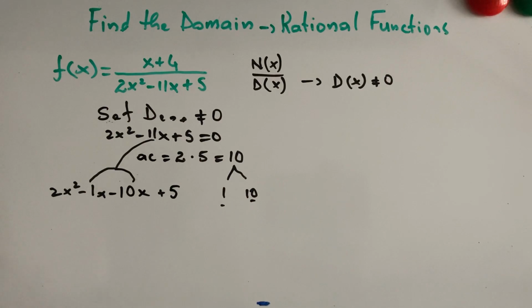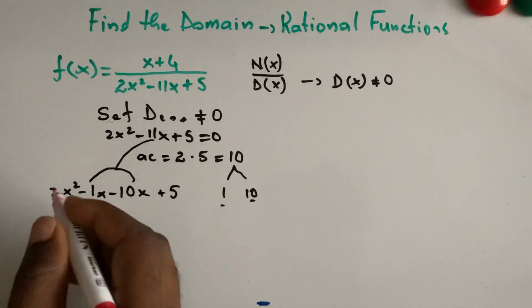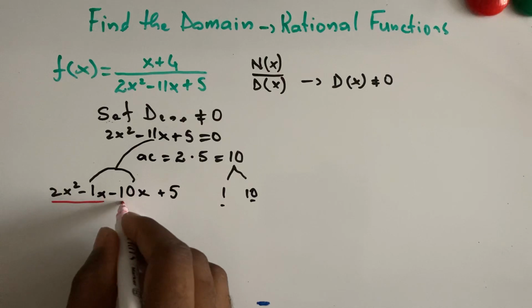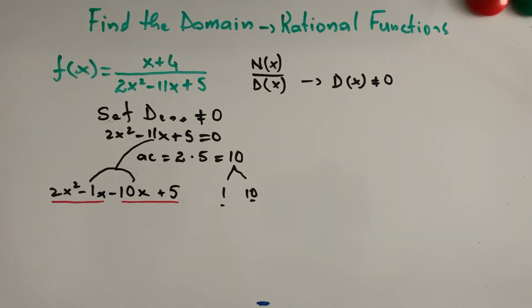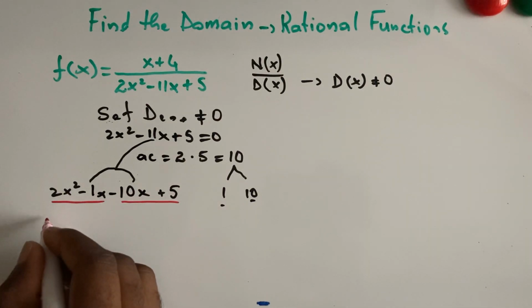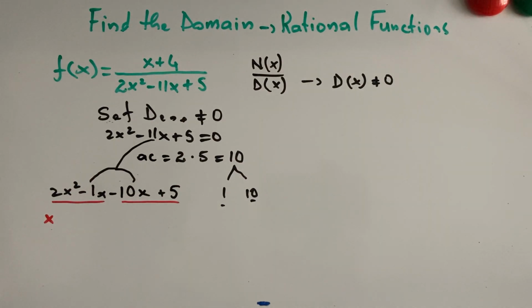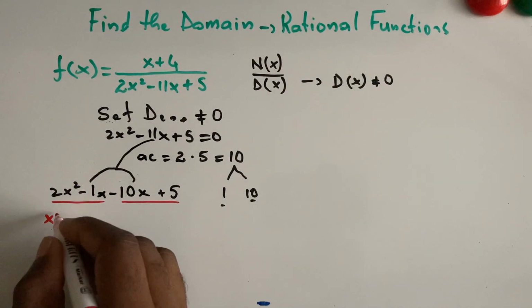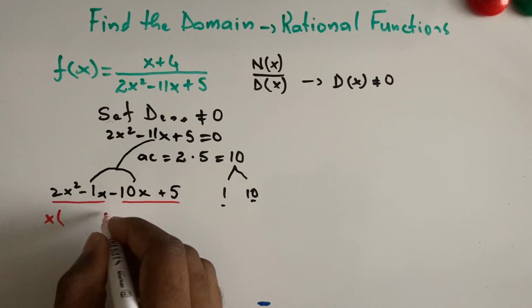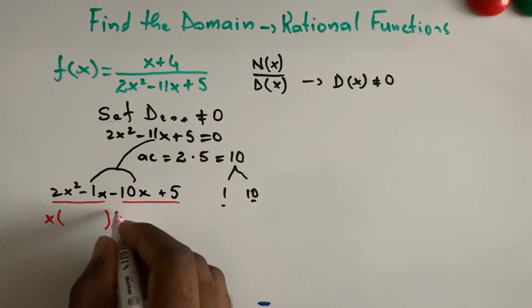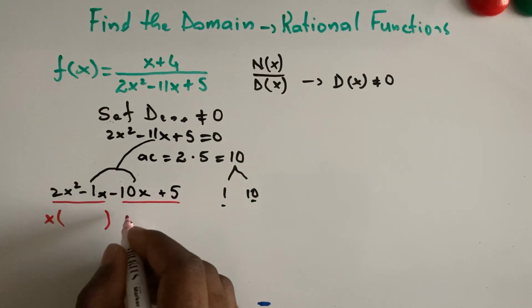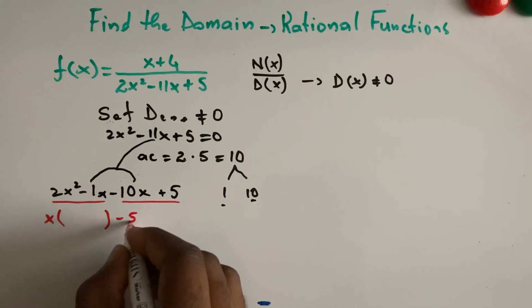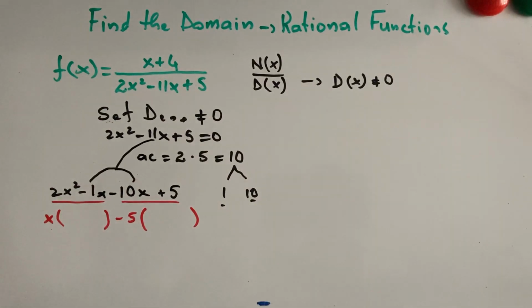Then from here, I can actually factor by grouping. By grouping, I mean you can see I have two groups here. This is one group, this is another group. So I can factor the GCF here out, in this case x, right? So if I factor x out. In this case, there's a GCF that's -5. Factor it out as well.